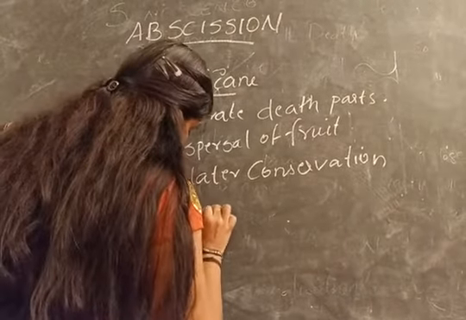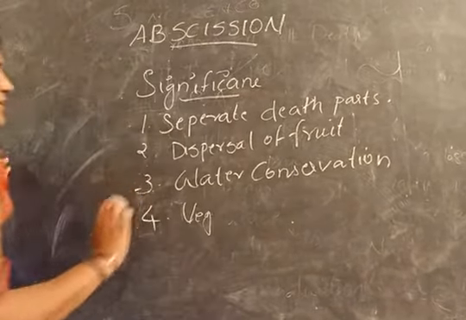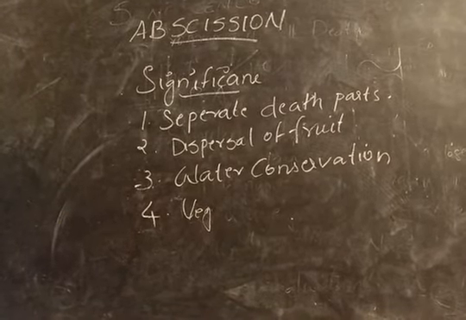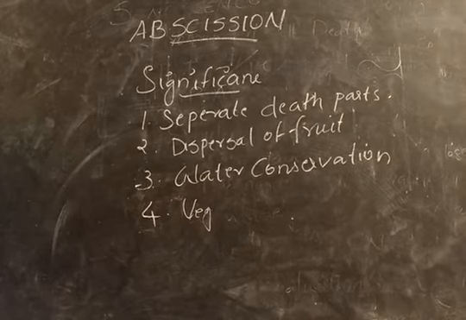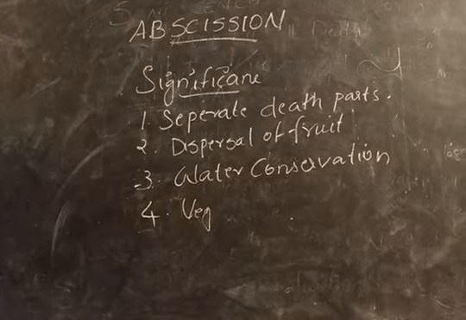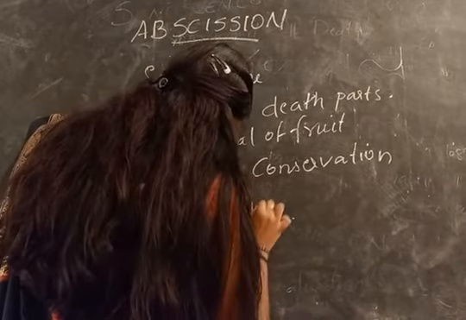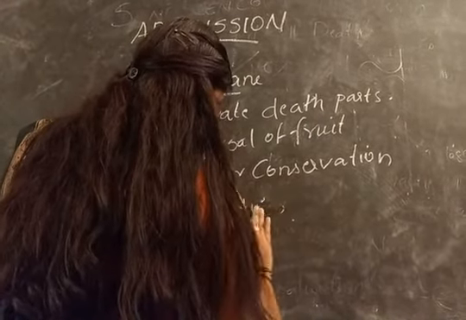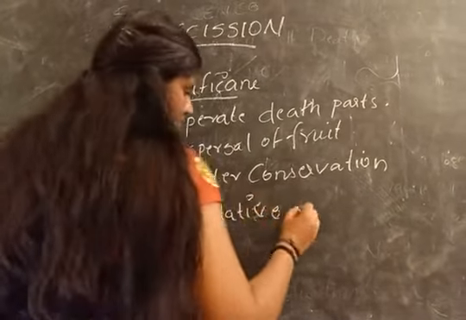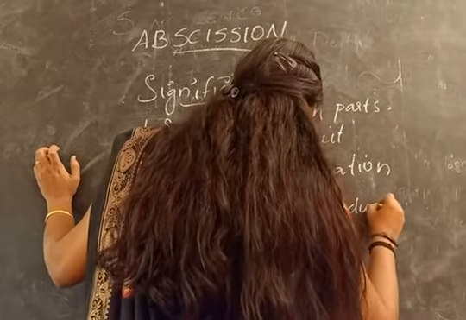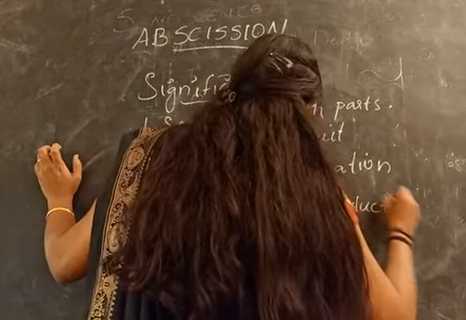We know that in lower plants, reproduction takes place through vegetative propagation. So these are the significance of abscission.